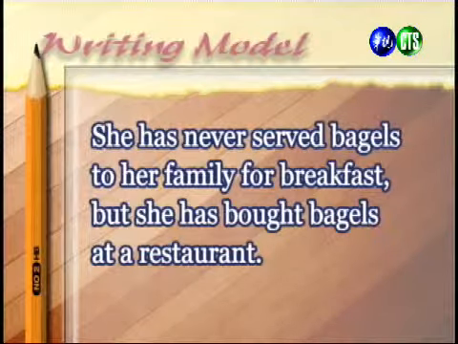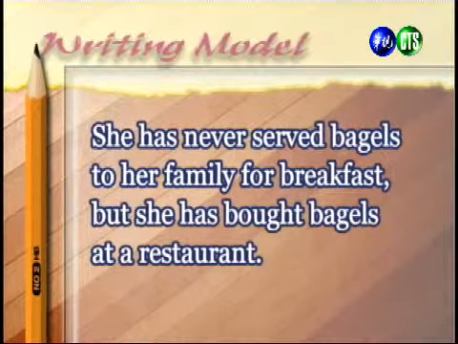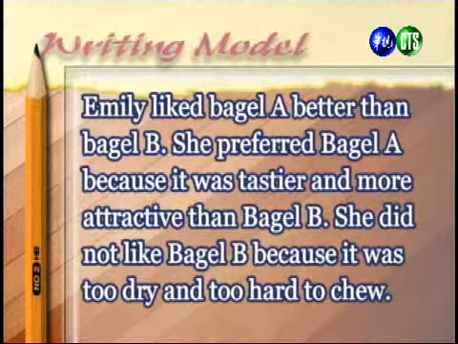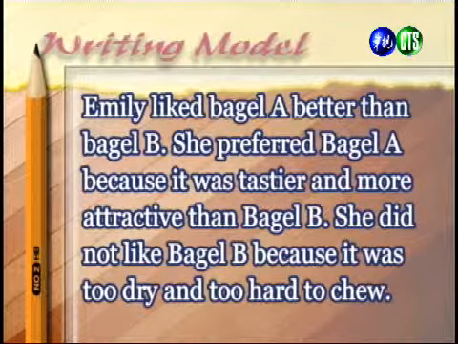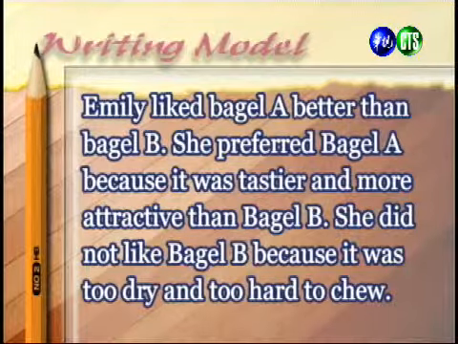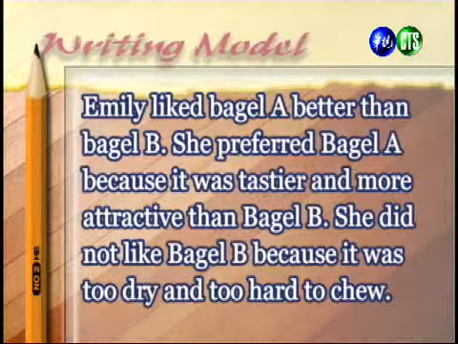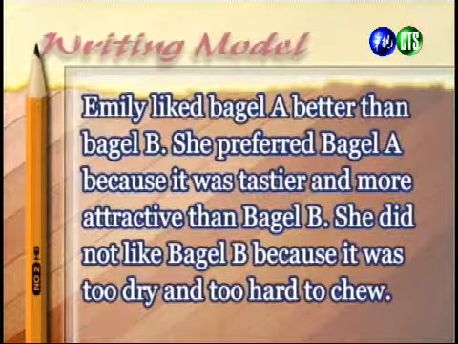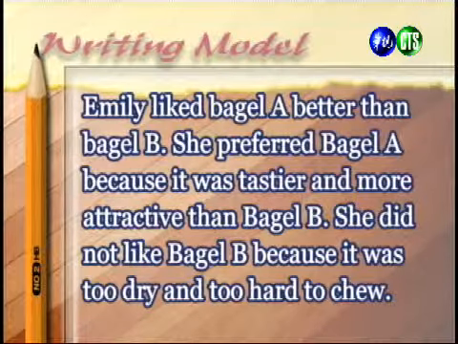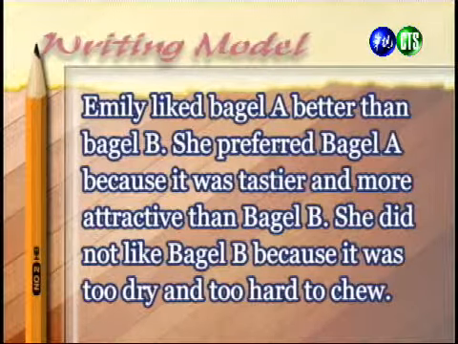Emily liked bagel A better than bagel B. She preferred bagel A because it was tastier and more attractive than bagel B. She did not like bagel B because it was too dry and too hard to chew.